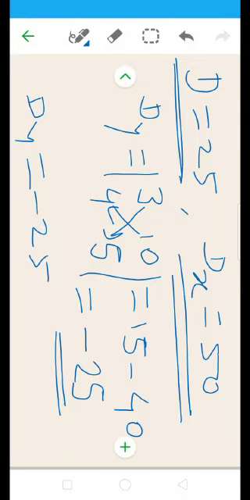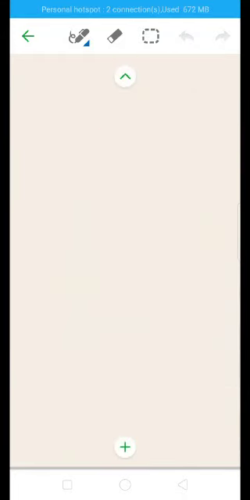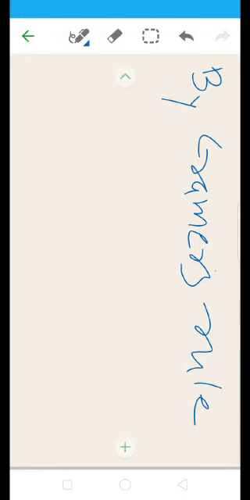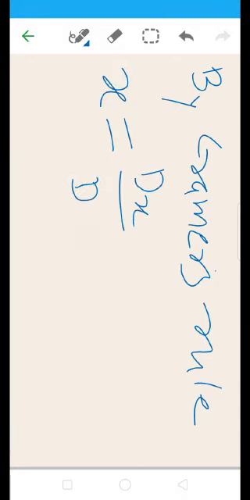For that we will use Cramer's rule. What is Cramer's rule? In Cramer's rule there is one formula to find the values. By Cramer's rule, what is the formula for x? x is equal to Dx upon D. What is the value of Dx? 50.